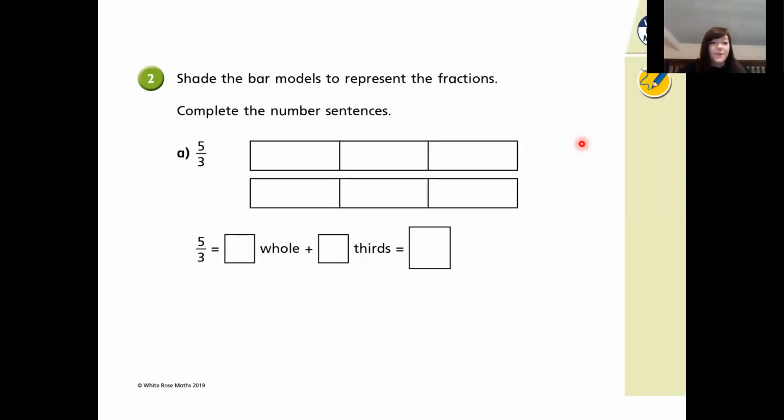Okay, and then it says shade the bar models to represent the fractions. So you need to show 5/3 in these bar models. So we know that the bars are split into thirds, and you need to shade in 5/3. Pause the video and do that now.